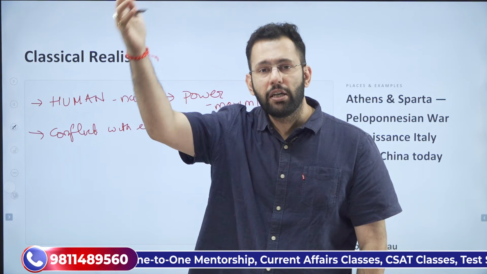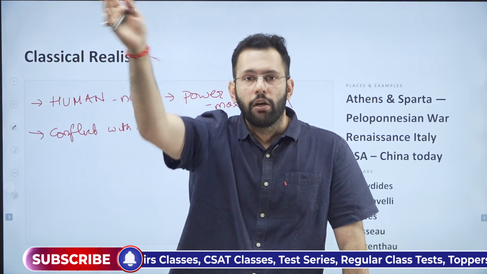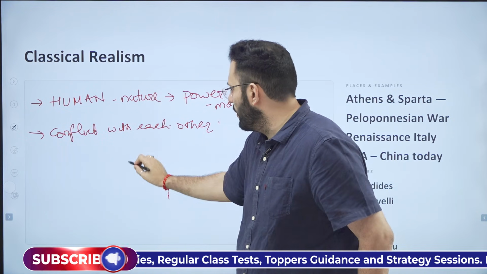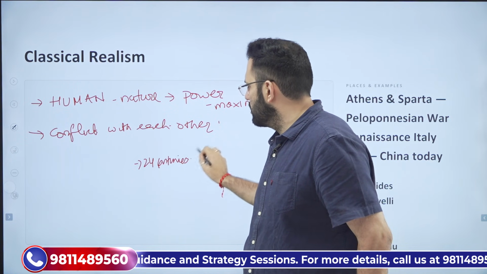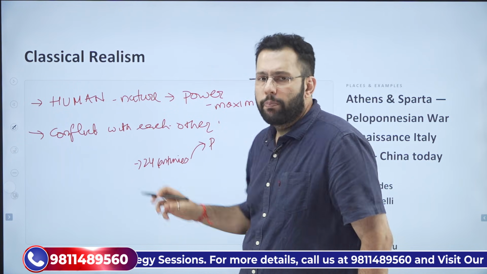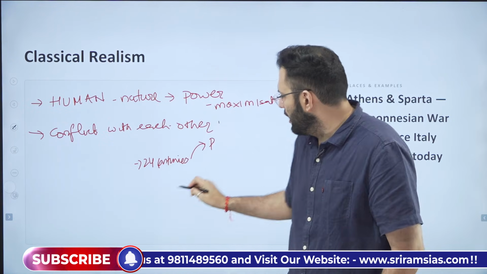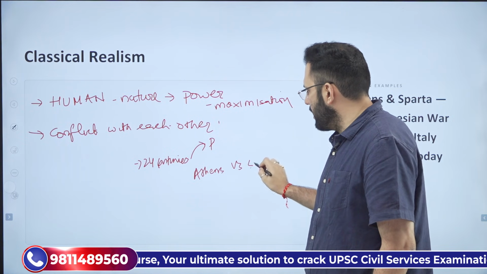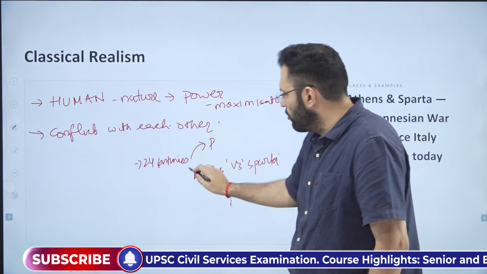The idea can be traced to the times of Plato, to the time of Thucydides, who predicted more than 24 centuries ago the Peloponnesian War, which was a conflict between Athens and Sparta. He explained that there are 2 kinds of power.